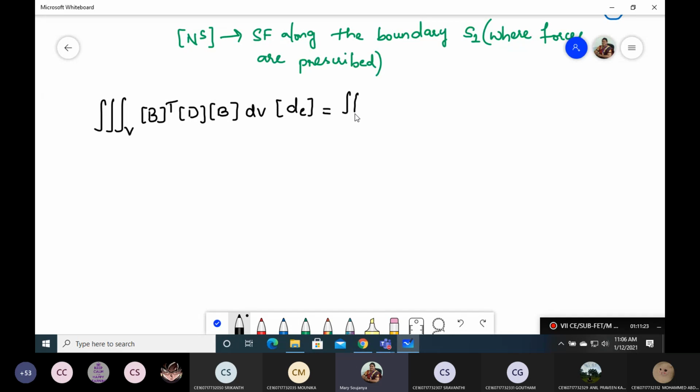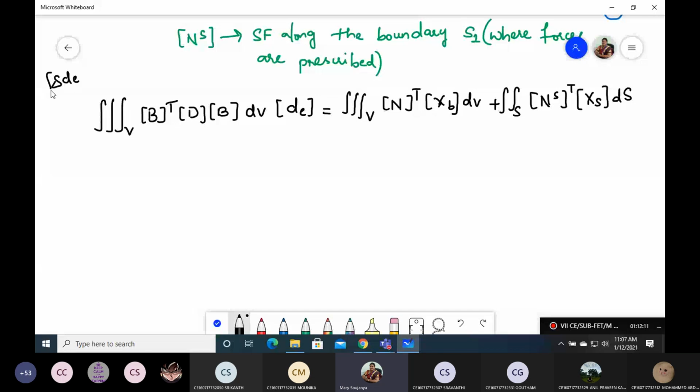I'm writing down what equation 6 becomes. What is the change that you see from equation 6? The virtual nodal displacement here is arbitrary, so we have eliminated that term. From equation 6 it has become this format.